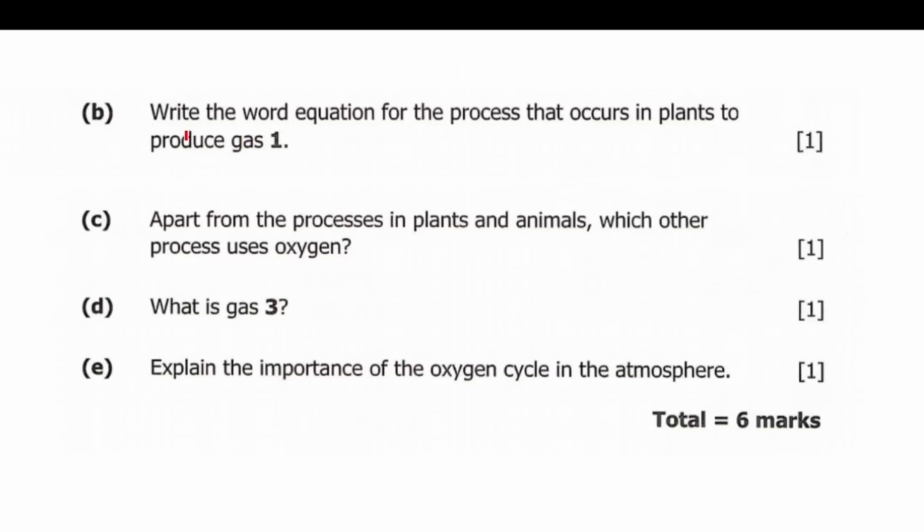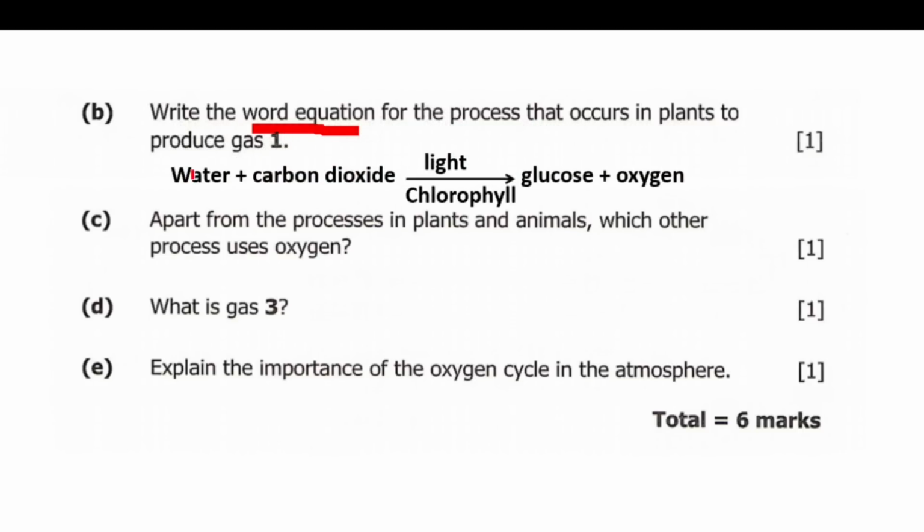So they need you to write the word equation for the process of photosynthesis that occurs in plants to produce gas 1, which is oxygen. So the word equation should consist of water plus carbon dioxide, in the presence of light and chlorophyll, makes a plant produce glucose and oxygen.